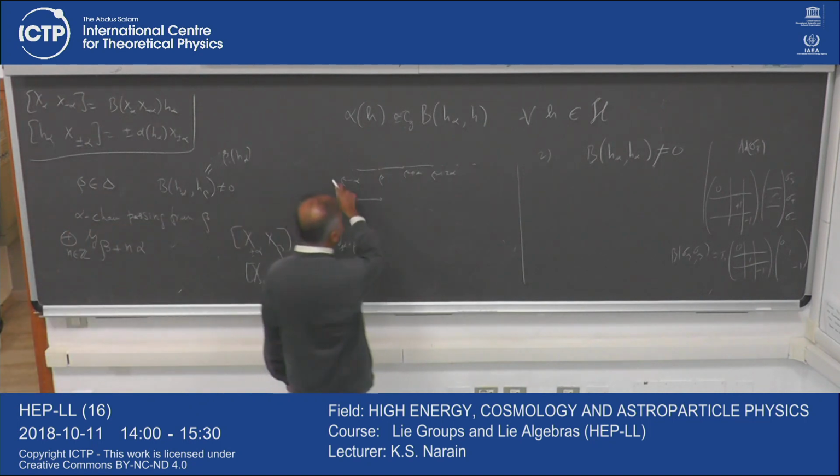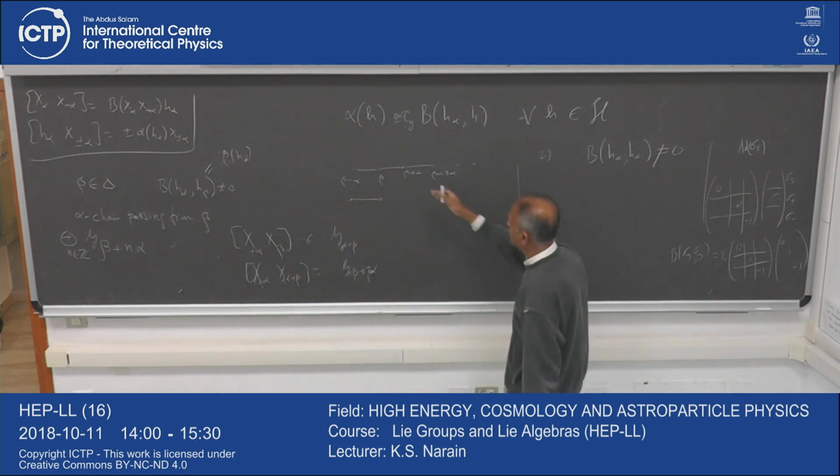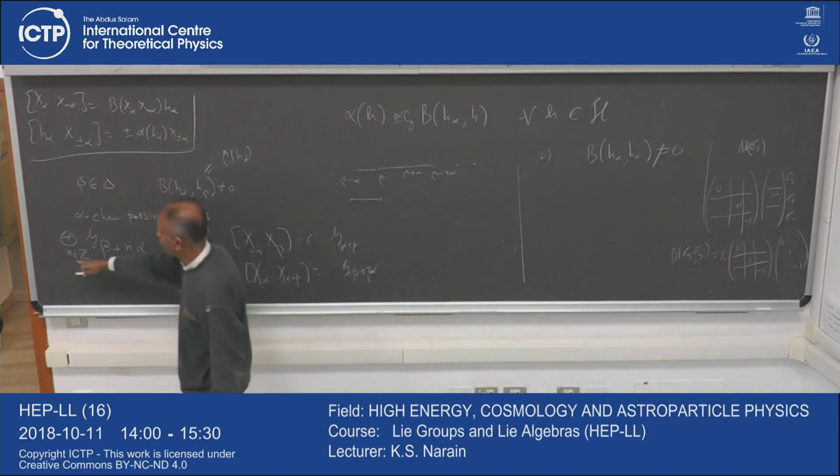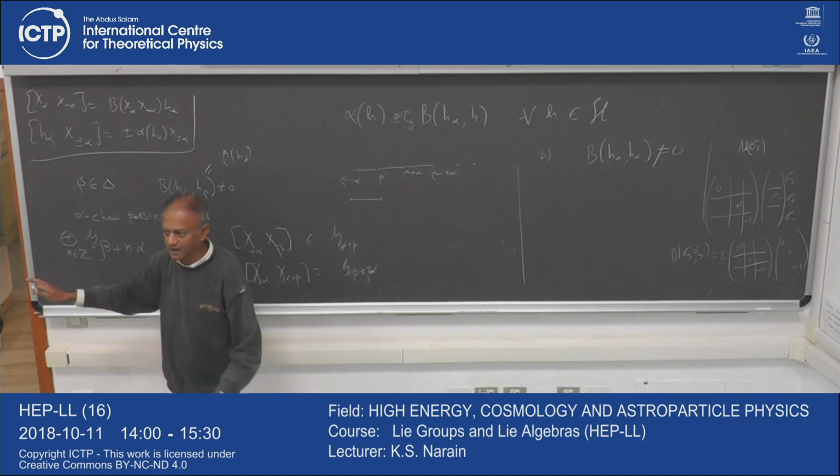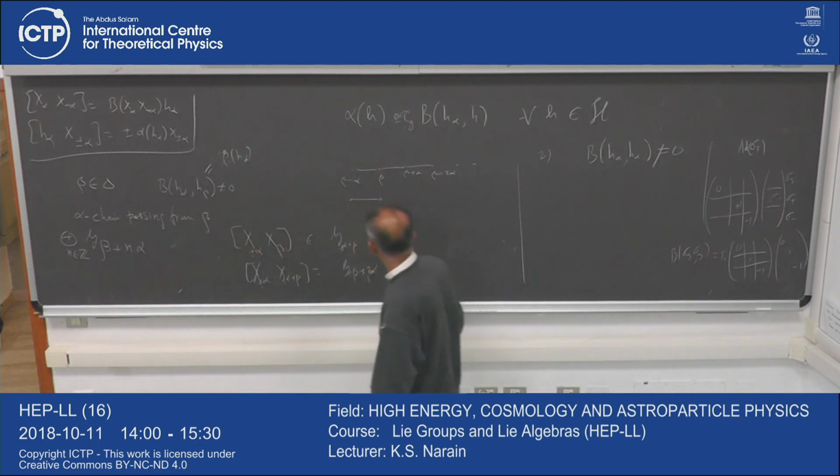Now of course, this n doesn't go all the way to infinity, because anyway we're talking about a finite dimensional Lie algebra. So by this, one means all possible integers which are allowed, which exist.